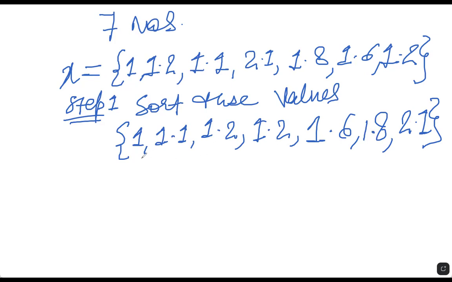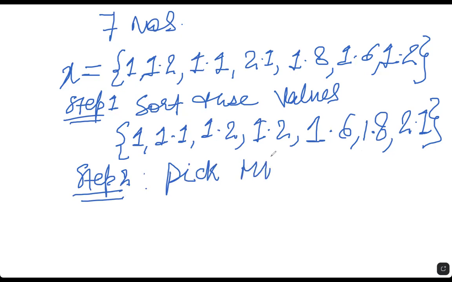So this is the first number, this is my second number, third number, fourth number, fifth number, sixth number, and seventh number. Once I have sorted them, step 2 is to pick the middle value.